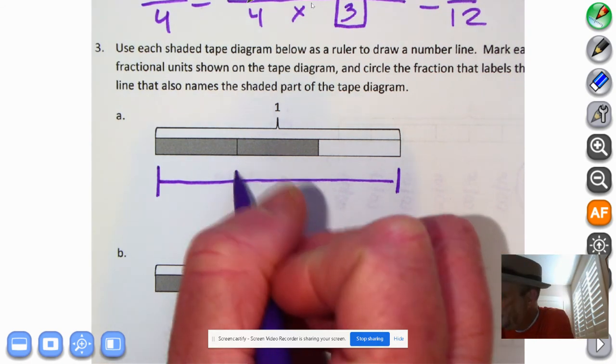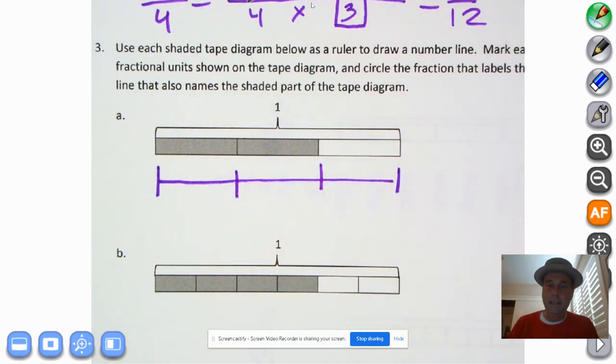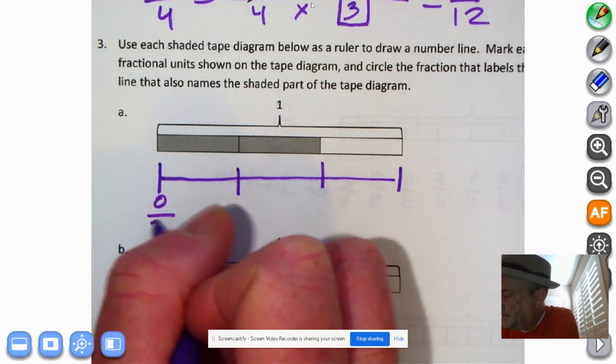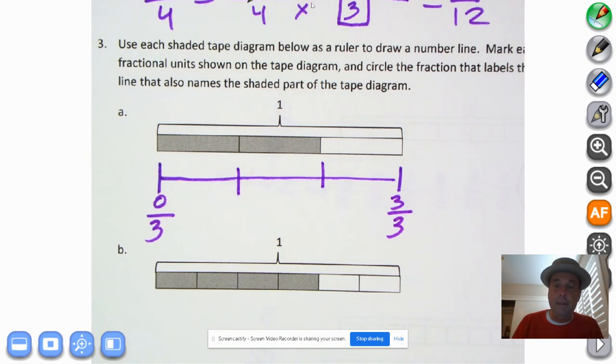I cannot see a darn thing, so I'm going to put one there and one there. I think you should be able to pause this recording and label the number line. I'm going to give you a hint. This is 0/3, and this is 3/3. So go ahead and pause the tape or the digital recording and fill in the rest.